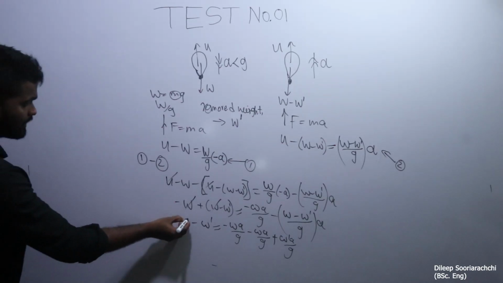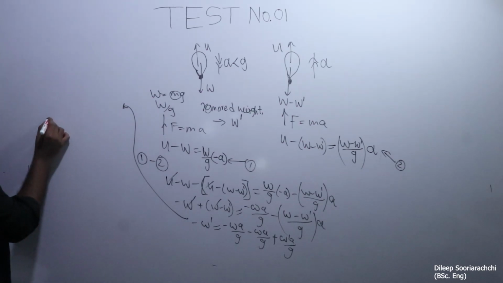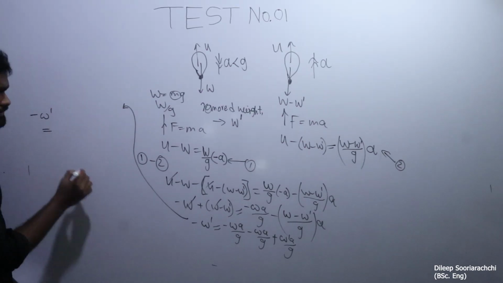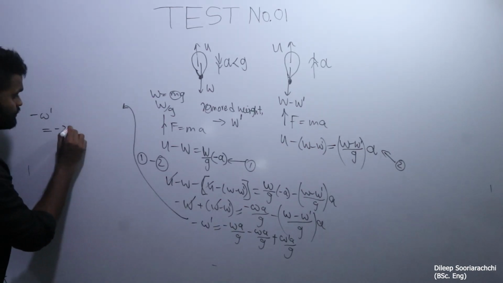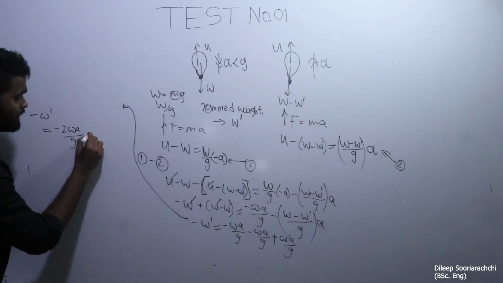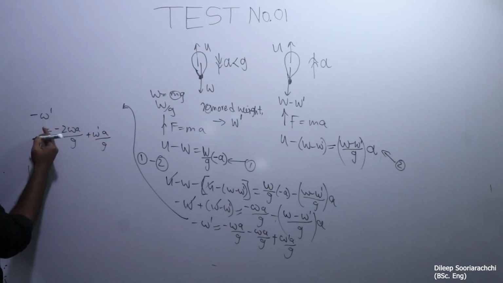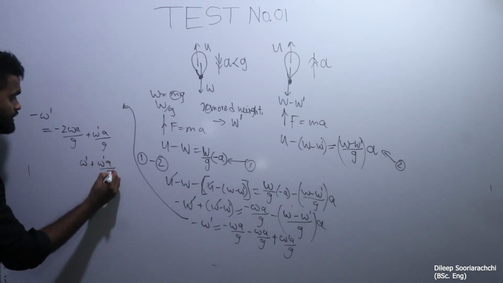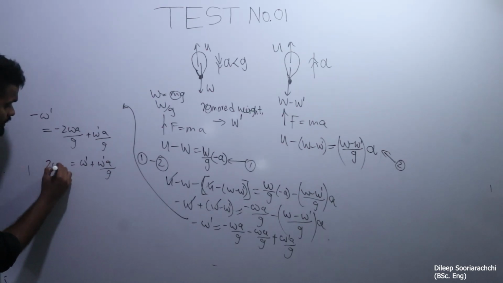Okay, I'm taking this part to here. So we have minus W equals, this is minus 2Wa divided by g plus Wa over g. I'm taking this to this side, W dash plus W dash a over g, and this term to the other side, so it becomes positive, 2Wa over g.